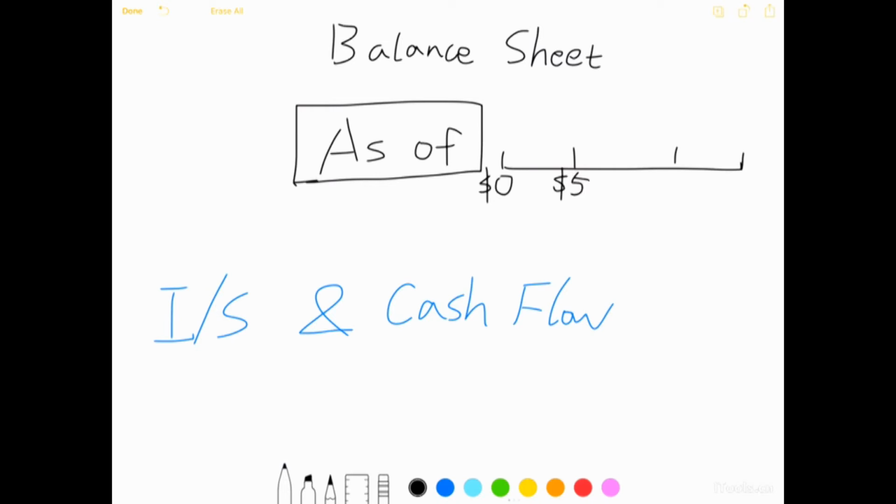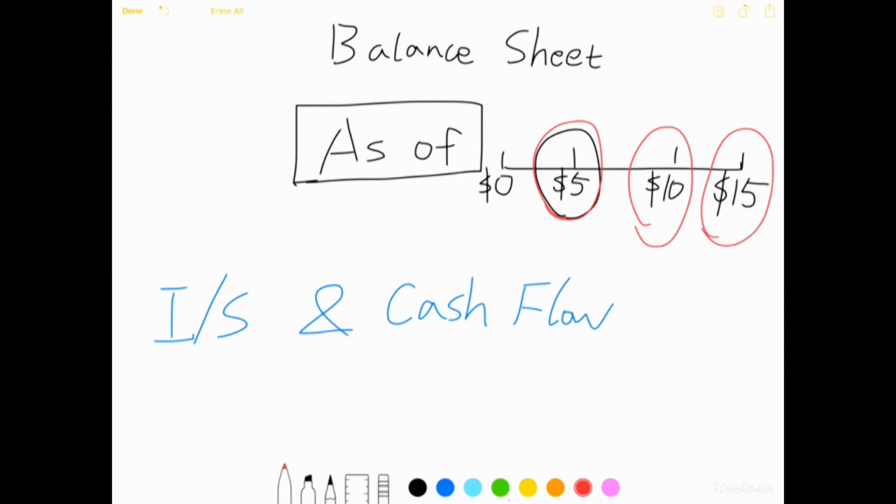So let me illustrate that. Let me draw a time period. In the first period you have $0, and then you have $5 and $10, and $15. The values don't really matter, I just made them up for you to understand. What we essentially do is take a snapshot as of that period.